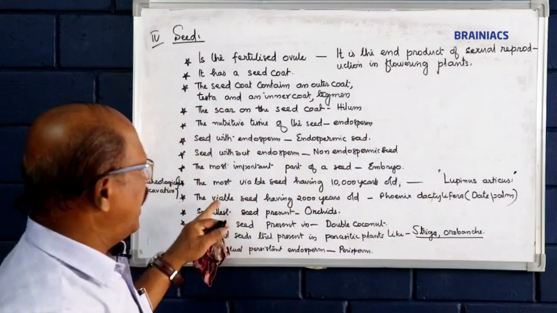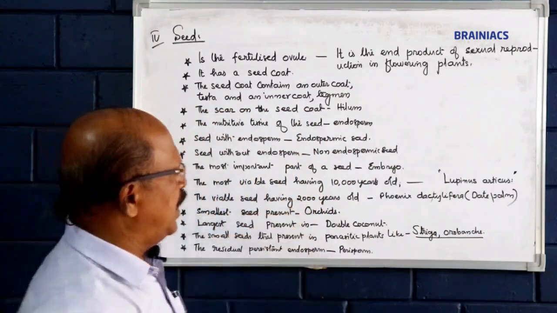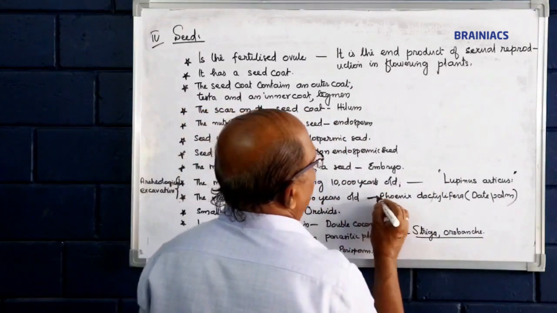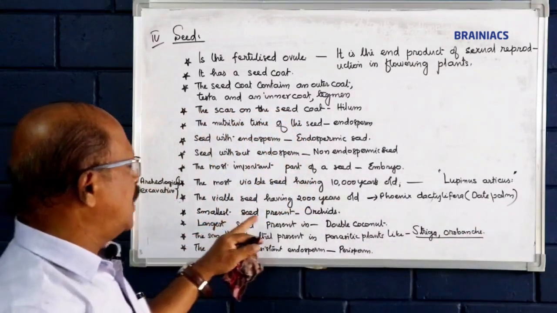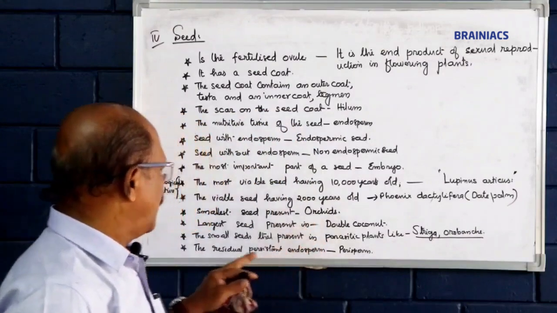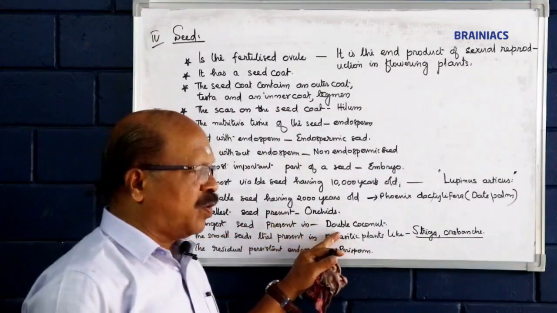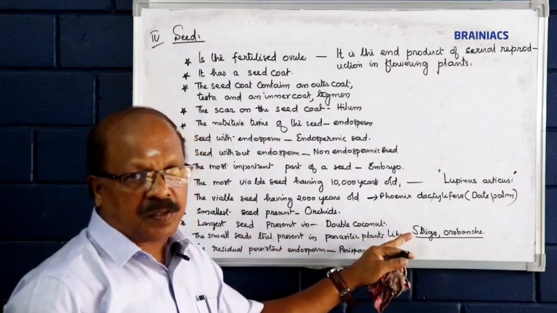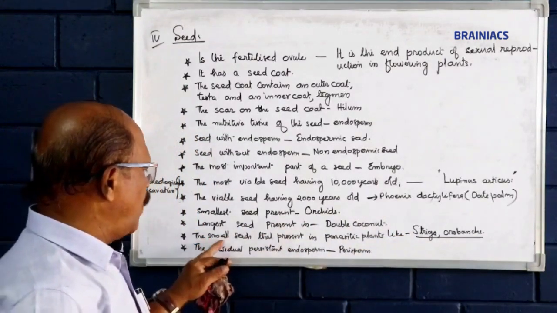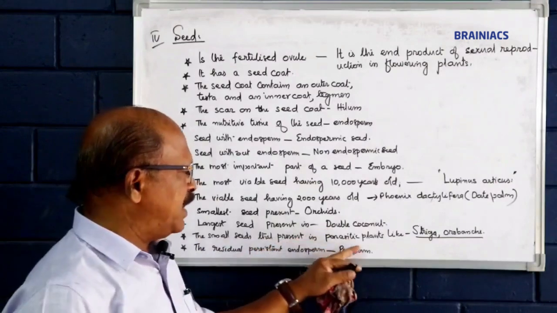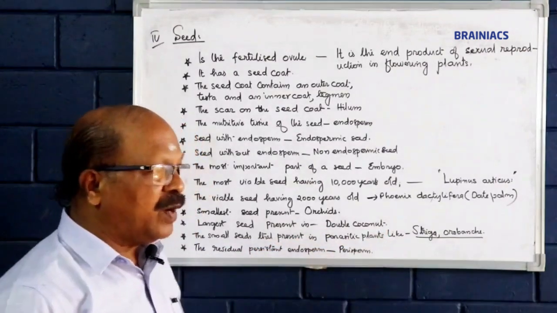Then viable seed 2,000 years old, Phoenix dactylifera or date palm. Then smallest seed present in orchids, largest seed present in double coconut, then cycas. Cycas is not a flowering plant. The small seeds present in parasitic plants like Striga and Orobanche.